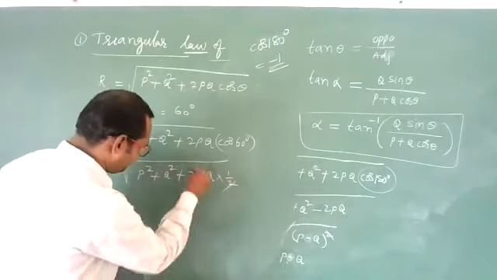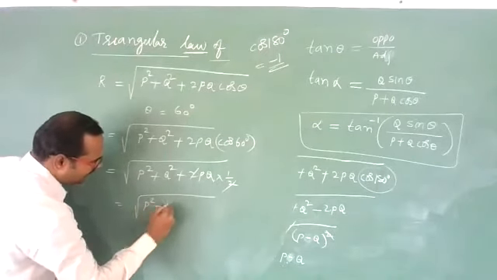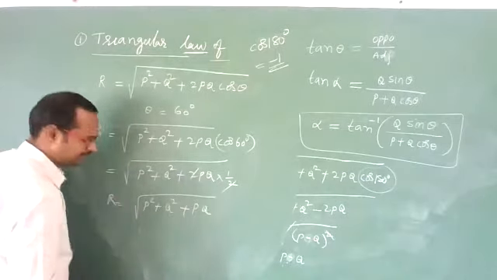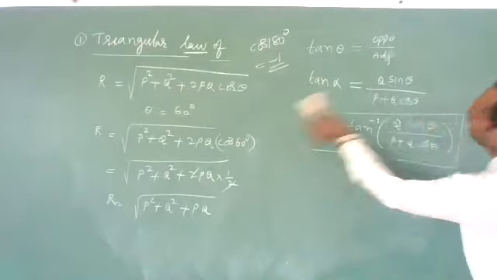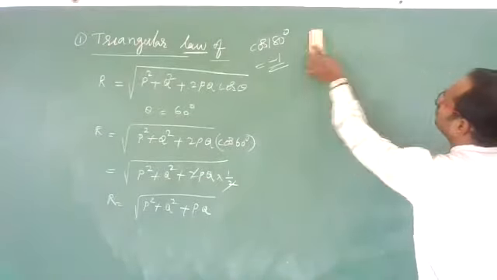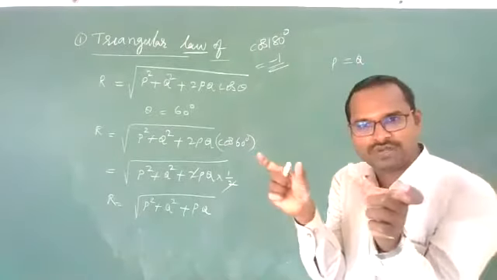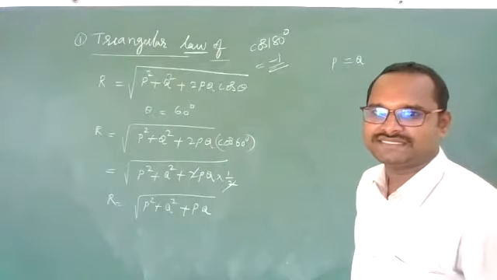Yes. Means it is under root of p square plus q square plus pq. This is the resultant. Students, sometimes you may get p is equal to q, two equal vectors making an angle of 60 degrees. Then what will be the resultant?